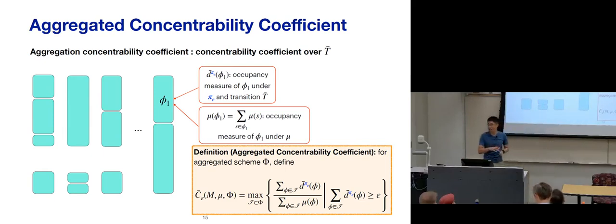So this is a subset. Yeah, and we take the maximum over all subsets, such that the aggregated occupancy measure, the sum of the occupancy measures, is at least epsilon.